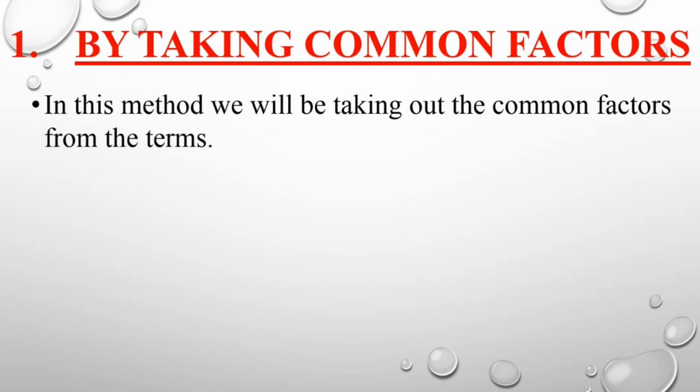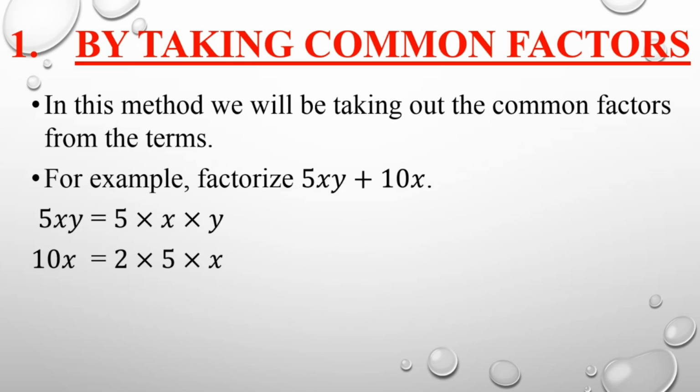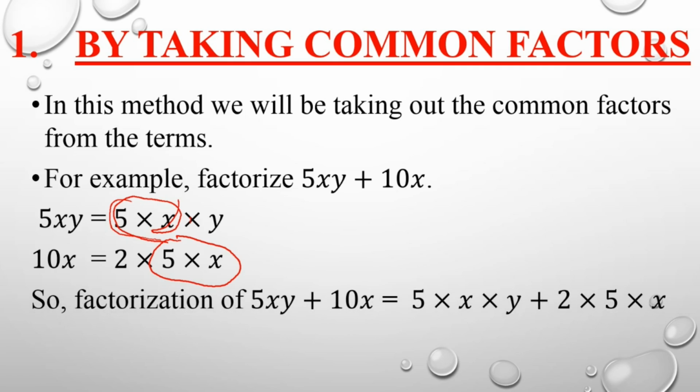In this method, we will be taking out the common factors from the terms. For example, factorize 5xy plus 10x. 5xy can be written as 5 into x into y, and similarly 10x can be written as 2 into 5 into x. Here you can see 5 into x is common in both, so you take it out.